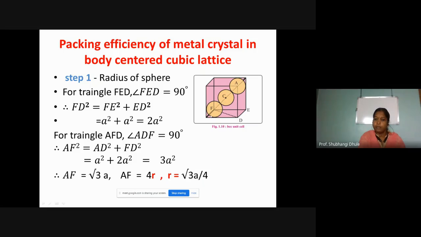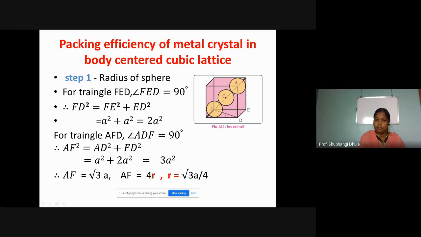In this triangle the angle FED is 90 degrees. Since it is 90 degrees, according to the Pythagoras theorem FD square is equal to FE square plus ED square. FE is a, the edge length, and ED is also the edge length, because it is cubical geometry. So a square plus a square becomes 2a square.